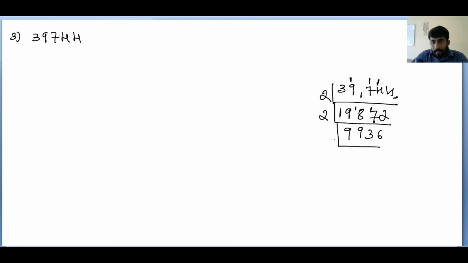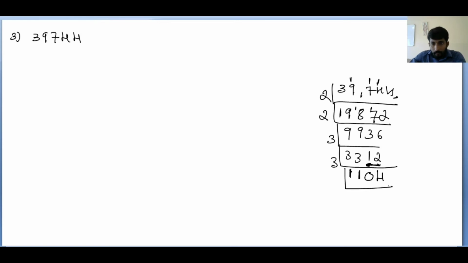Then see, again dividing by 3, 3 3s are 9, 3 3s are 9, 3 1s are 3, 3 2s are 6, right? So here 2. Then divide it by 3 again, 3 1s are 3. It's not possible to divide 1 by 3, right? So put 0, then 12 you will get, 3 4s are 12. Clear?